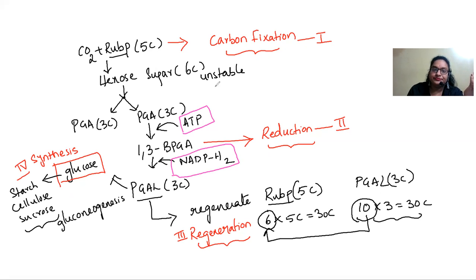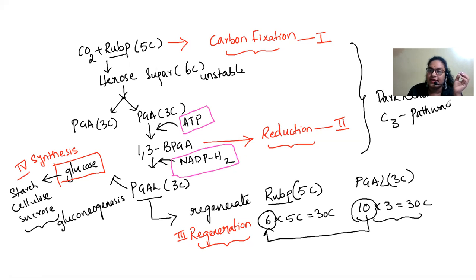imagine that the first stable compound formed here, what is a stable compound? This was an unstable compound. The first stable compound formed here is a 3-carbon atom compound. So we call our dark reactions the C3 pathway, and this was given by Calvin.